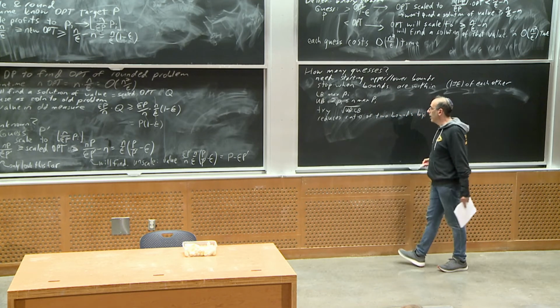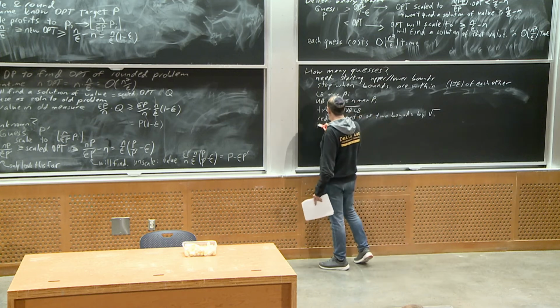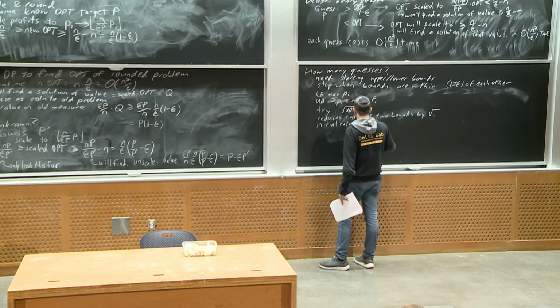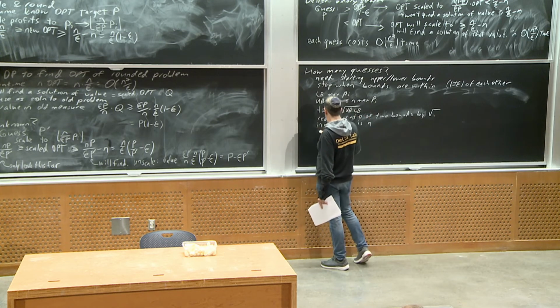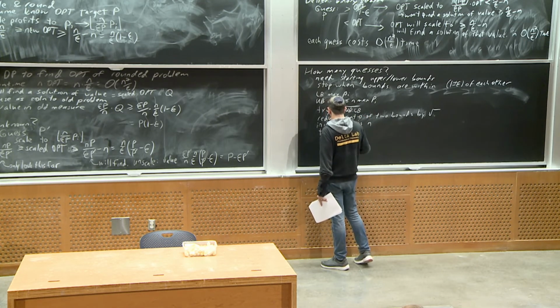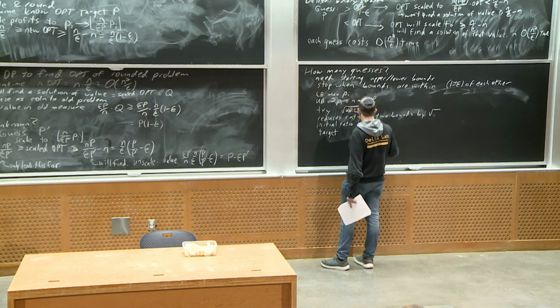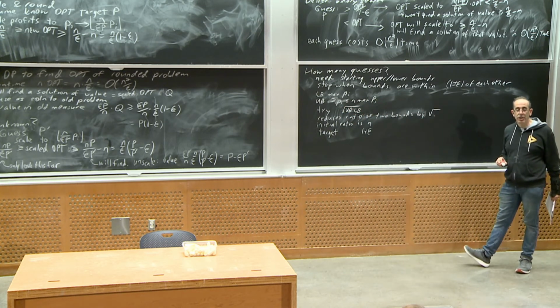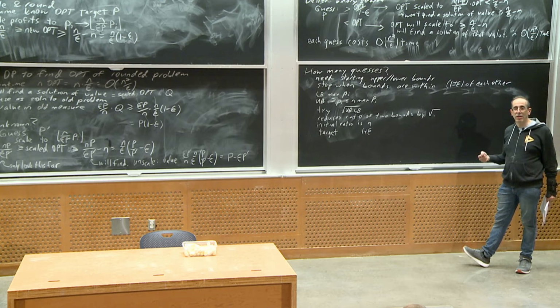By a square root. The initial ratio that we have is n. The target ratio between the bounds is 1 plus epsilon. So the question is, how many square roots do you need in order to go from n down to 1 plus epsilon?